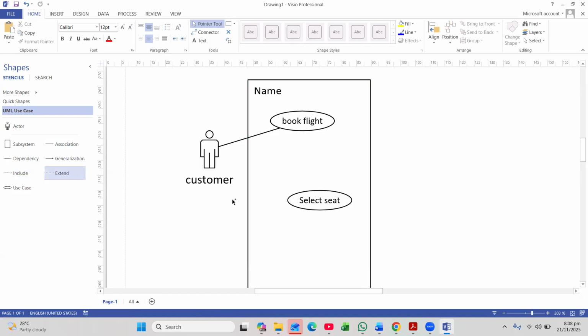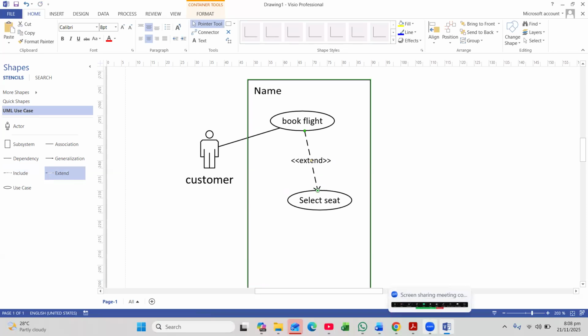Selecting a seat is an extended relationship. Why isn't it an include relationship? Because when I'm booking a flight, me choosing a seat in which I want to sit on is not by force. If the thing is by force, then it is include. But if the thing is not by force, then it is extend.